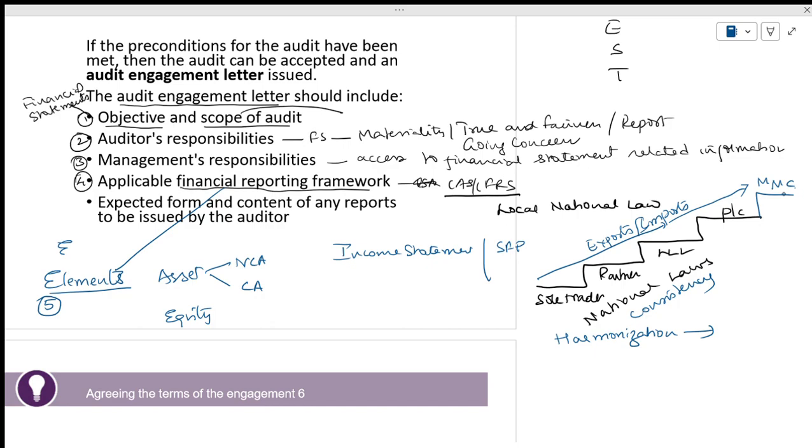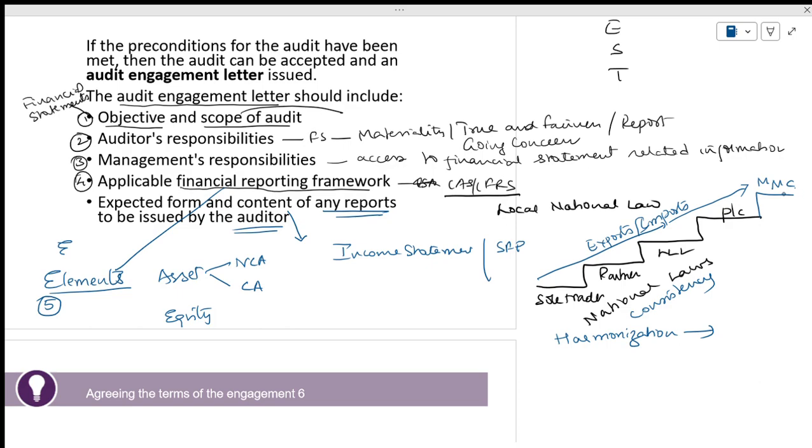Expected form and content of any reports to be issued by the auditor. How the audit report has to be there, what is the structure of the audit report? We have to be very clear that these are the things that have to be reflected in the audit report.